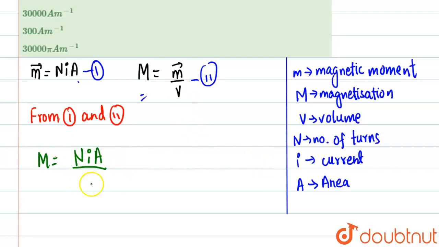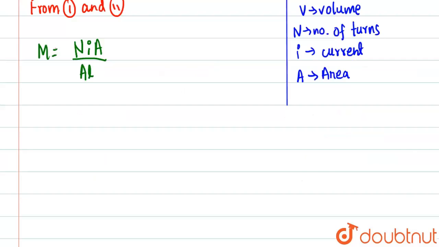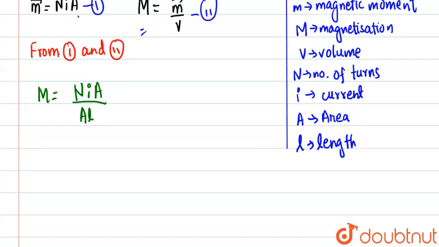Volume can also be written as A into L, because A is area and L is the length of the solenoid. I'm writing one more notation, that L is length. There is no issue in that.